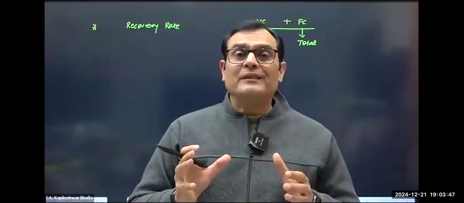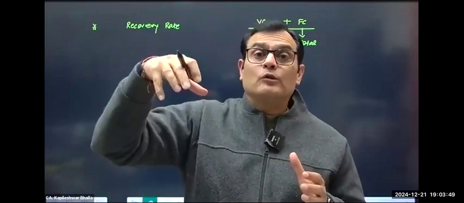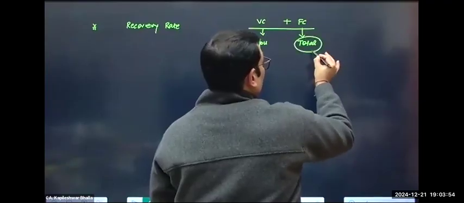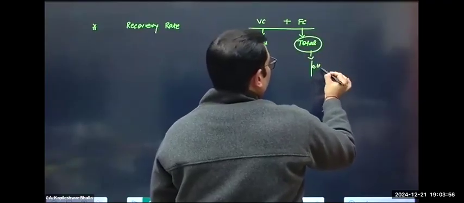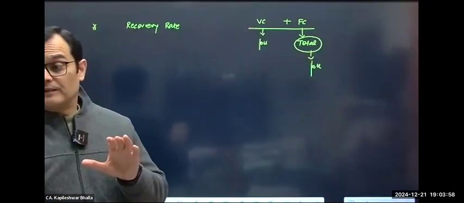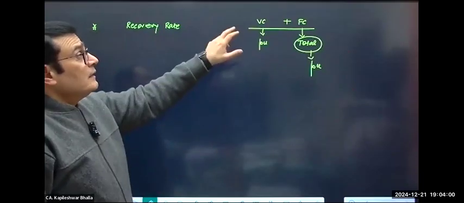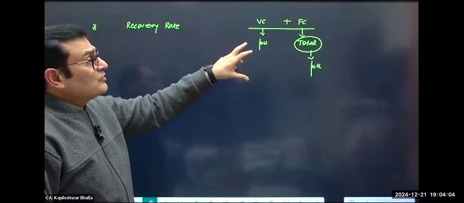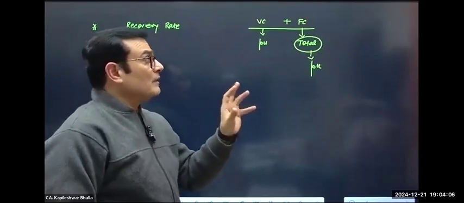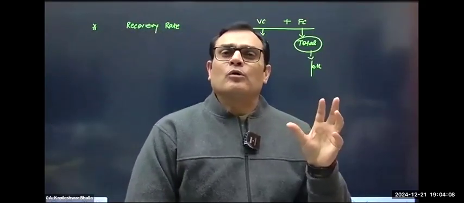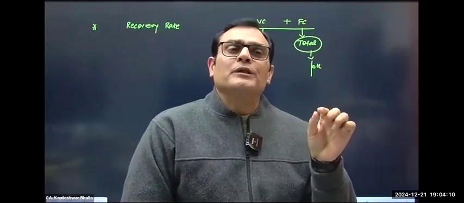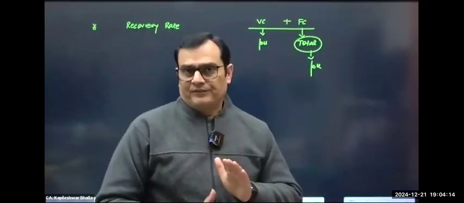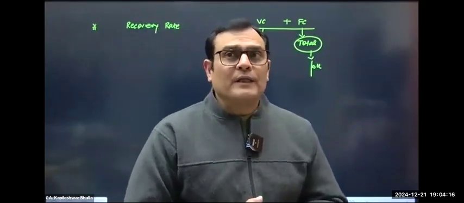So the problem is that if you need inventory valuation, you need to translate this fixed cost, which is expressed as a total, on a per unit basis. Get the logic clear: the variable cost is expressed on a per unit basis and the fixed cost as a totality. In order to measure the inventory, you need to translate the fixed cost on a per unit basis. How would you do that?